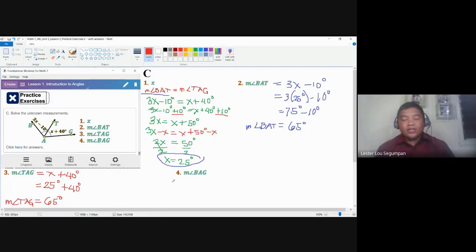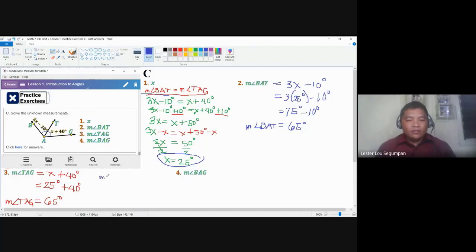As I have mentioned earlier, before moving to number 4, which is the measurement of the largest angle, the combination of both angles here, let's check first if the value of x, which is 25 degrees, could satisfy the given that these two would be equal in measurement under the angle bisector here. To show that, let's simply equate them.